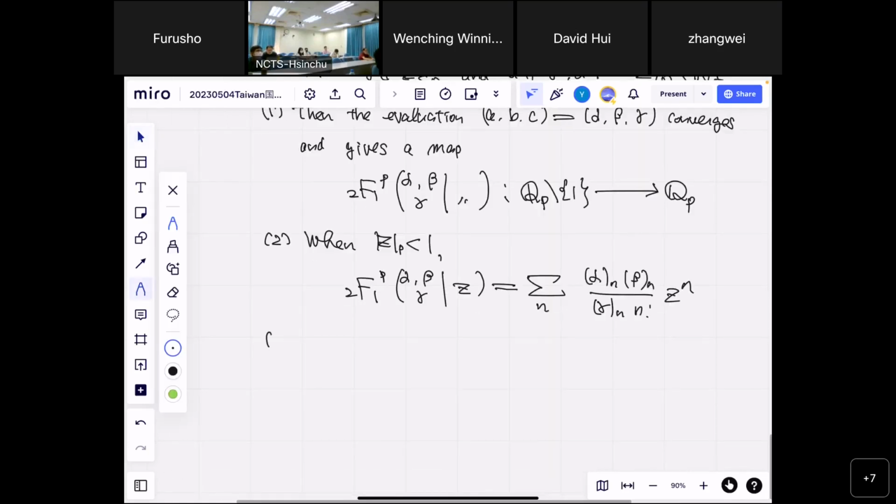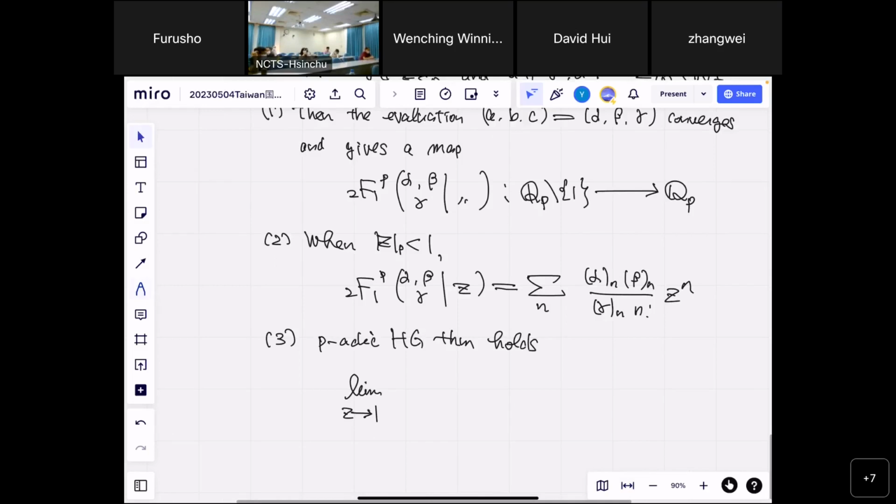The last problem: there's a theorem, I think it is due to Gauss. It is a relationship between a hypergeometric function and gamma functions. You consider the limit as g goes to 1.